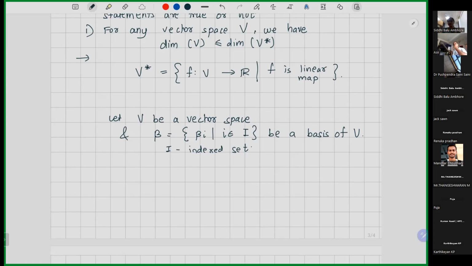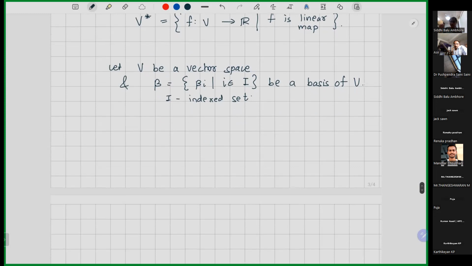If I can produce a linearly independent set of cardinality equal to that of beta, then I can always say that the basis will have at least that many elements, because we know that the cardinality of a basis is the maximum cardinality of any linearly independent set. So I will produce this set of maps.